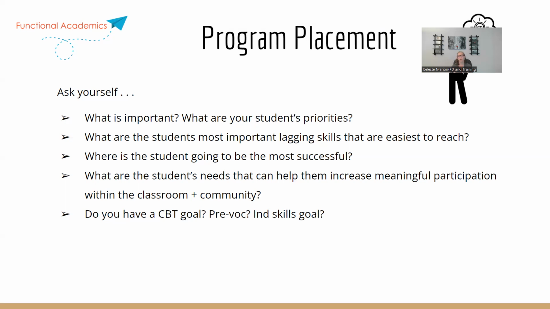Are there ways that any of those sight words can be integrated around the school where your student can be interacting? Can they be going and finding items off a shopping list in a grocery store? Okay, I want you to think about, what can this goal help you achieve that's meaningful for the student? Okay. Do you have a community-based training goal, or a pre-vocational goal, or an independent skills goal? I highly recommend you have a combination.